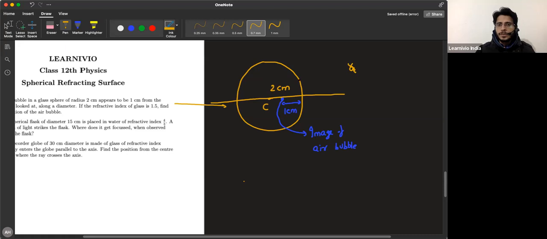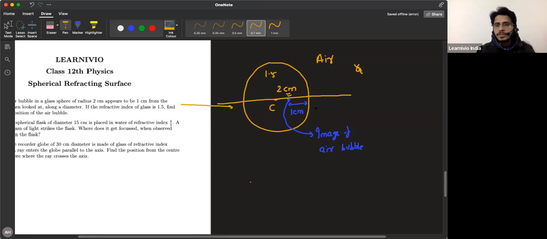And this is the surface from which refraction happens. This is glass sphere, its refractive index is 1.5. Sir, how is image distance 2 centimeter? Image distance is not 2 centimeter, image distance is 1 centimeter.